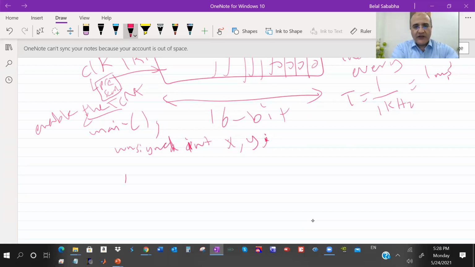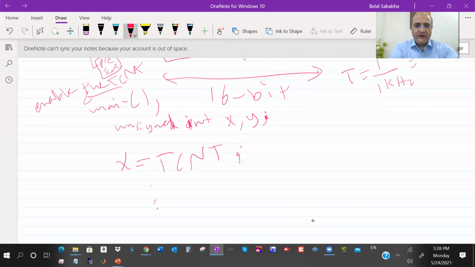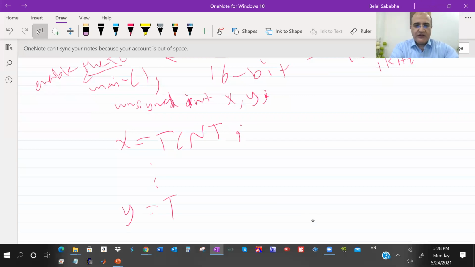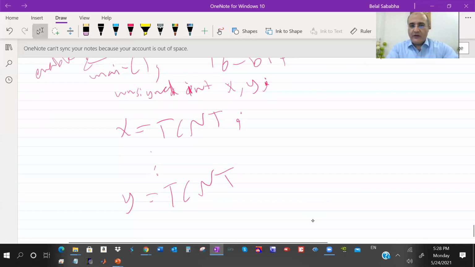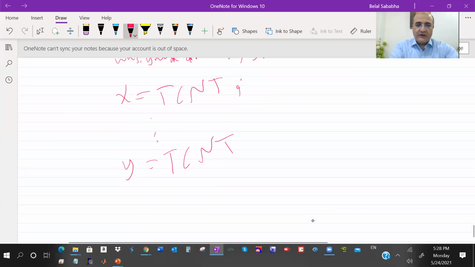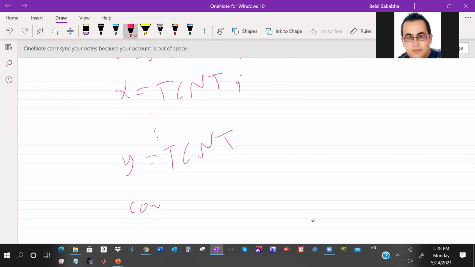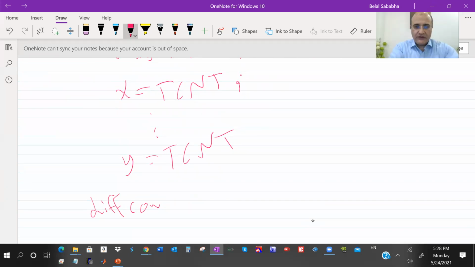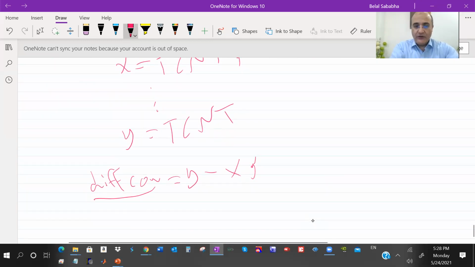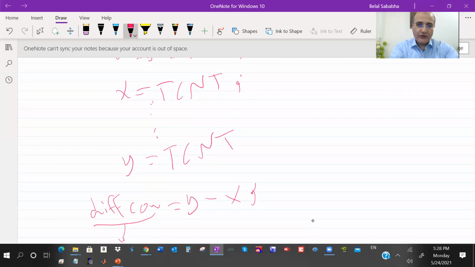Then in your code you say x equals TCNT, and then do some stuff, then y equals TCNT. Then the difference of count, y minus x, will be the number of counts it took to count from here to here, right?